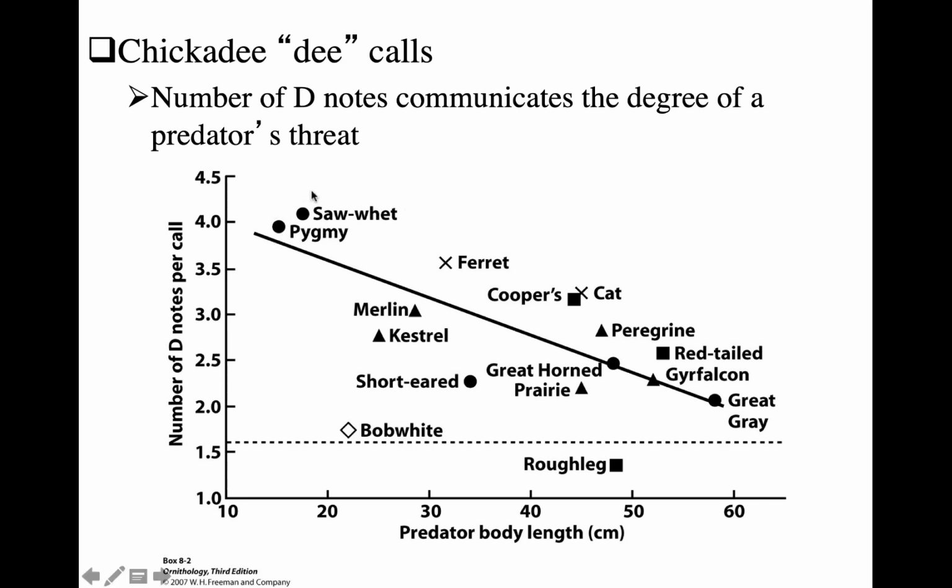And so when they would see these species, they would just go crazy with the number of D calls that they would produce. But it's not necessarily just size that they were responding to. A comparably sized bird like a bobwhite quail, which clearly isn't a predator, they would see this and they really didn't elicit much of a response to seeing something like this.